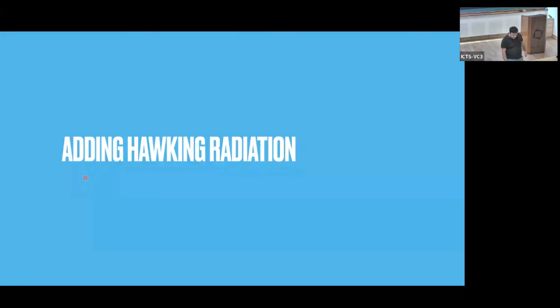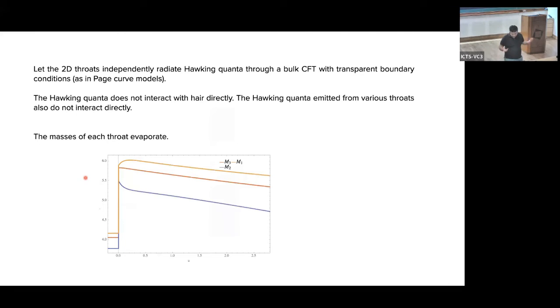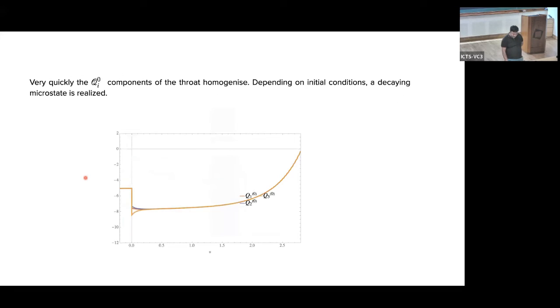So now if you add Hawking radiation, what happens? Let me now end in just 2 minutes. You see that all the masses go down if the source starts evaporating. But what happens to the hair is beautiful. One thing is that these zero components will align together. This homogenizing means that you go from one microstate to another microstate where you have basically decoupled.